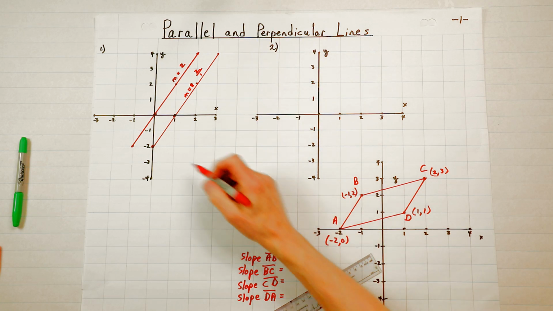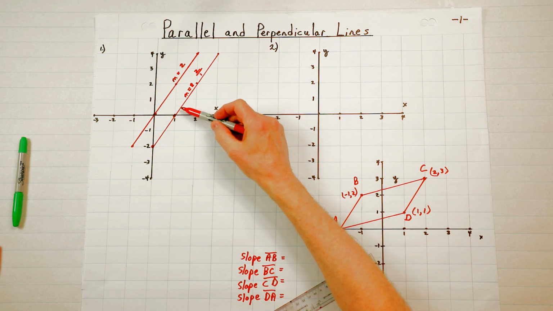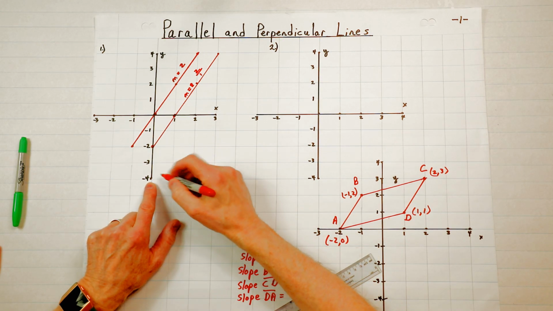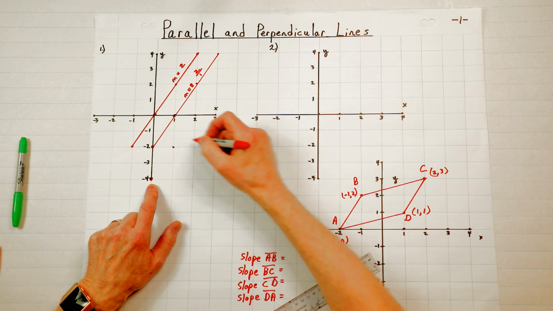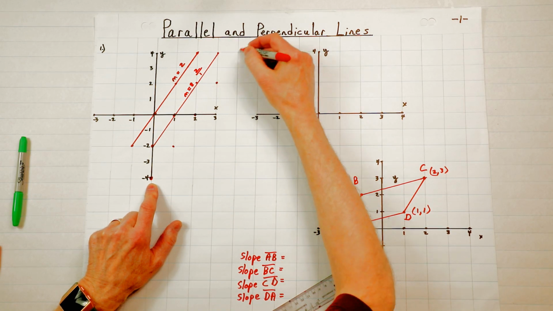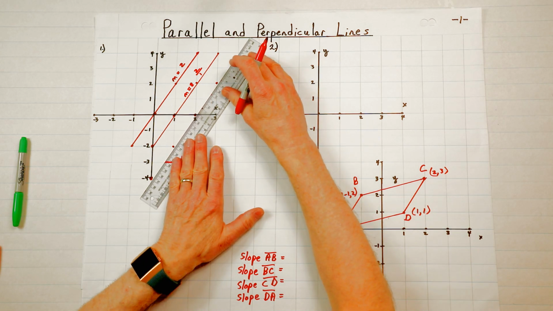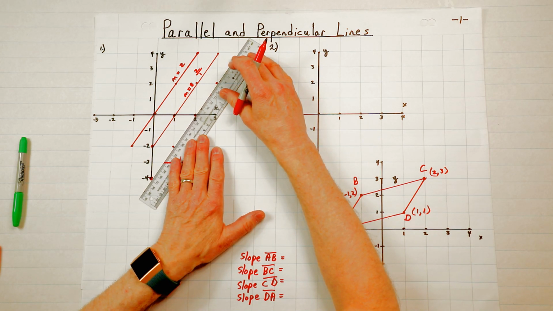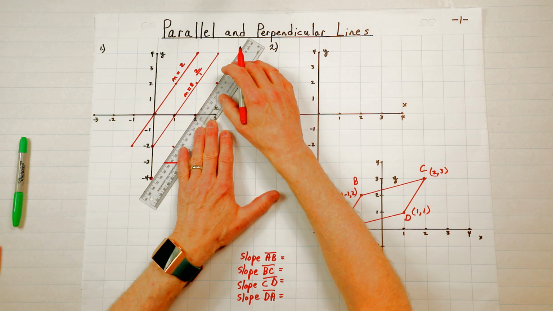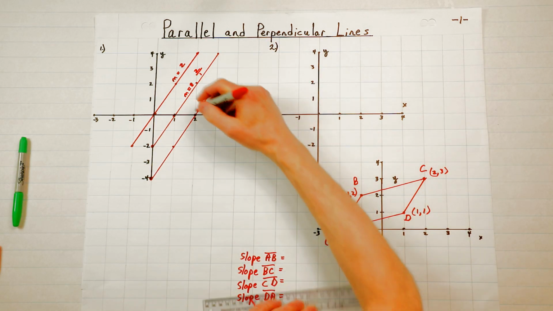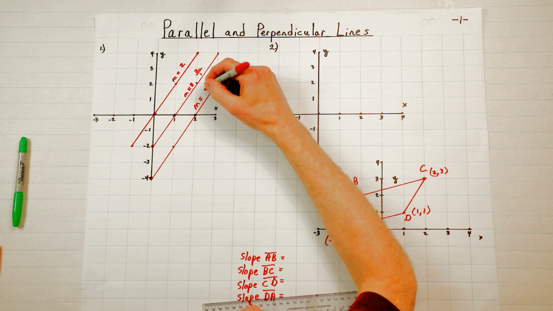And let's do one more. Let's draw a third line parallel to both of those, and we'll start it down here. Okay, just trying to use the ruler so I don't make a mess. There we go. And once again, we have a slope of 2.